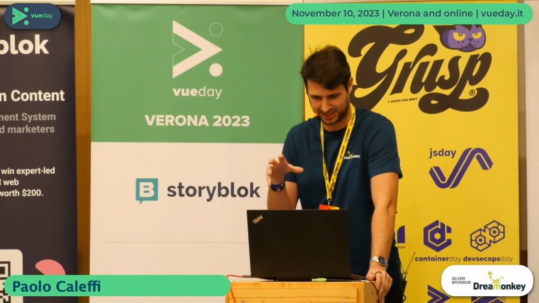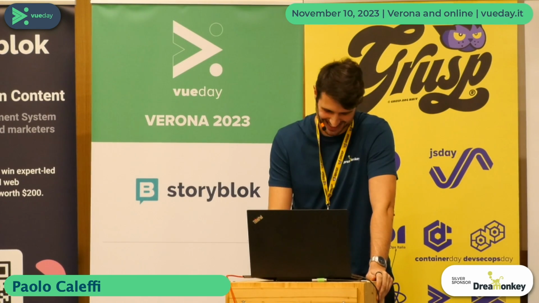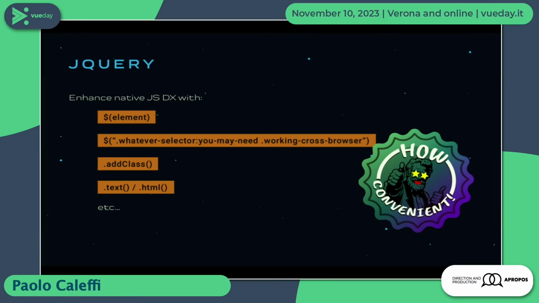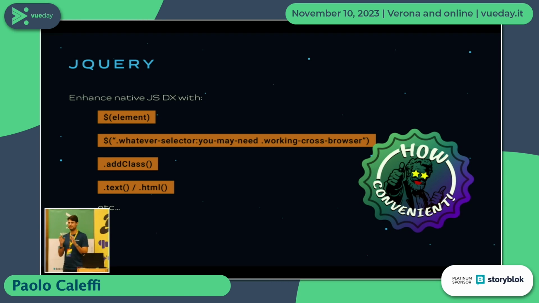And I wanted to start this talk with jQuery because that's the first time I got a "how convenient" moment in web development. I was in high school at that moment, and there was this incredible new developer experience where you don't have to take the class list property and split it by spaces just to add a class, or you can actually get the text and the HTML separately.